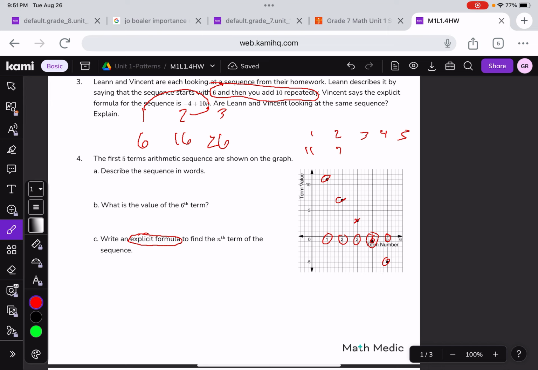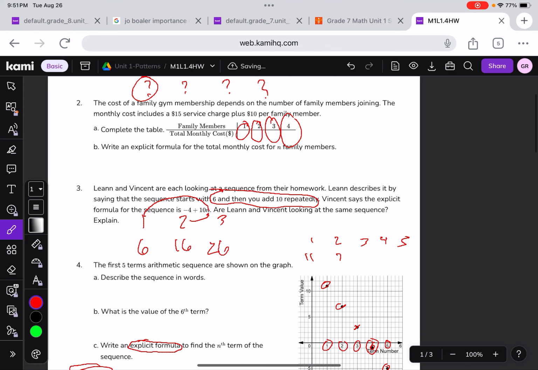You're going to notice, well, if you didn't notice already, it keeps going down by 4, right? So we might want to say it's going down 4, but is it just minus 4? Like, that's it? But is it minus 4 times n, times the term? Usually that's kind of on the right track, but we also have to have a starting point, right?